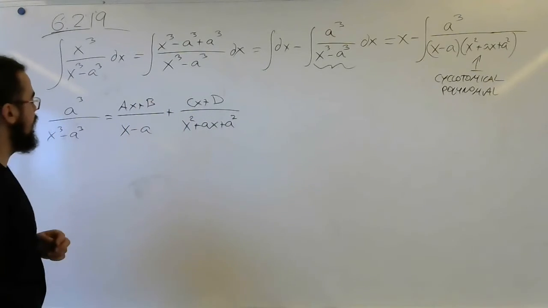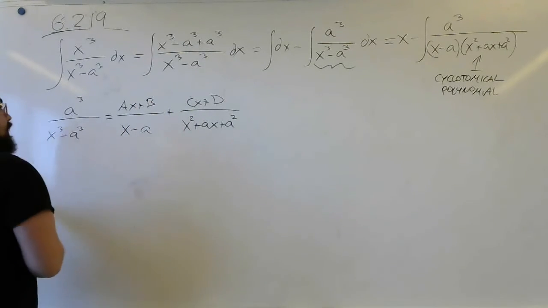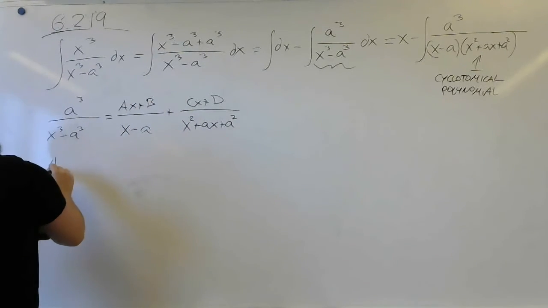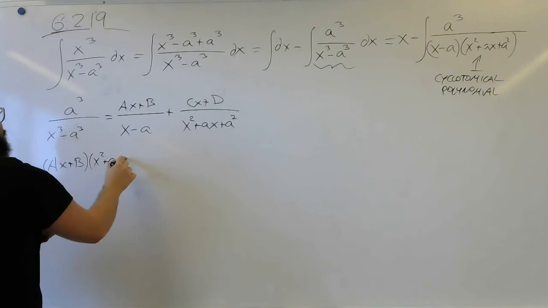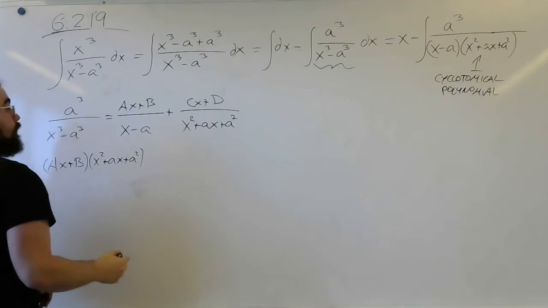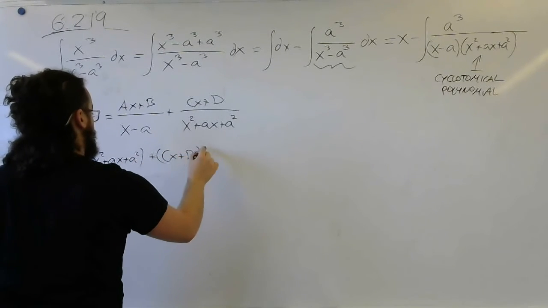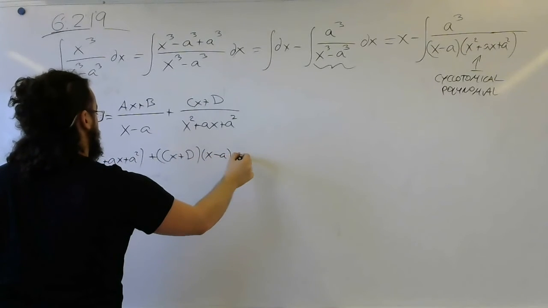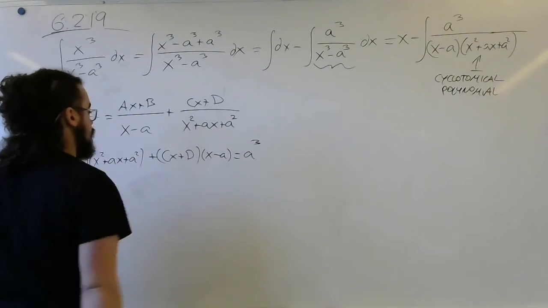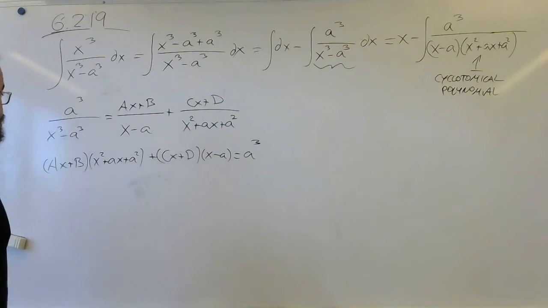I lied to you. I think I do, really. So let's see what happens here. We have ax plus b that multiplies x squared plus ax plus a squared. Like that.